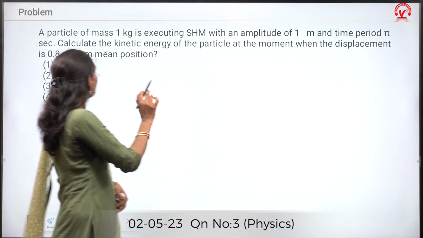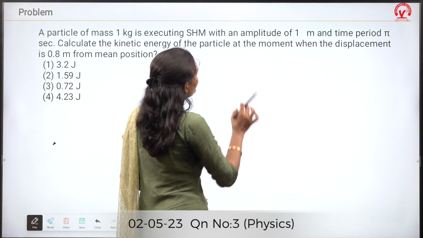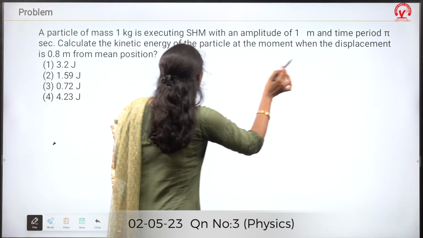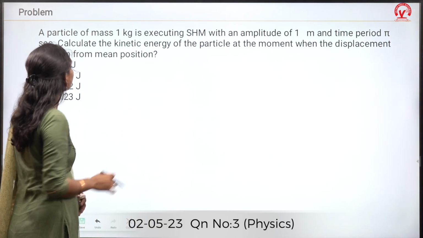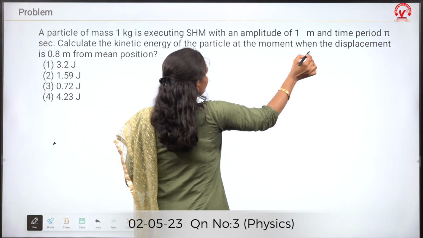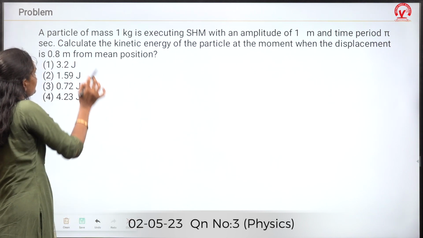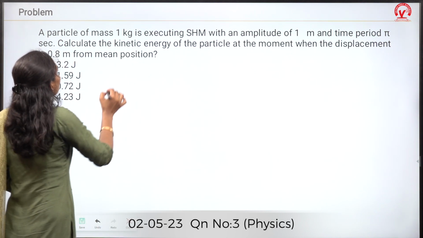A particle of mass 1 kg is executing simple harmonic motion with an amplitude 1 and the time period is pi second. Calculate the kinetic energy of the particle at the moment when the displacement is 0.8 meter from its mean position.